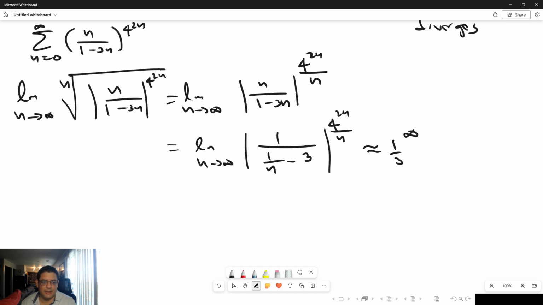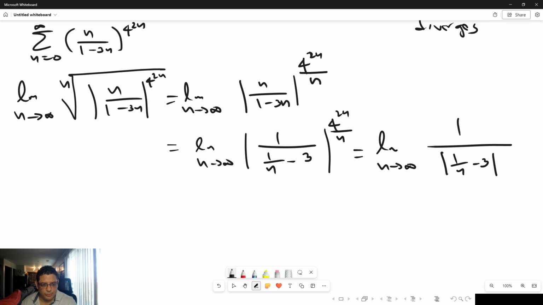Or we can think about it as going to 0, since we can consider this as the limit when n goes to infinity of 1 over n minus 3.